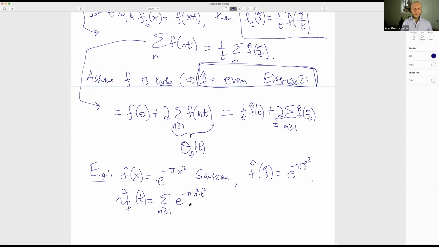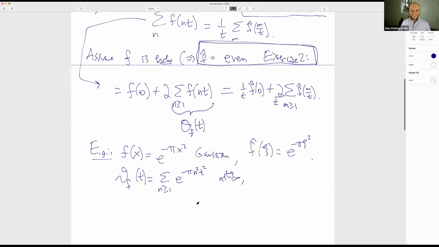So what do I know about the behavior of this function? So at infinity, as t goes to infinity, what can I say about it? Okay, exercise.